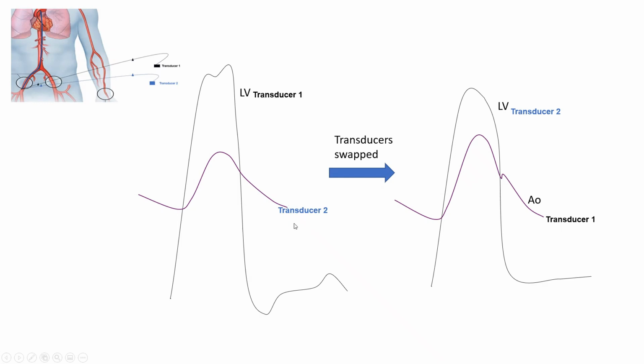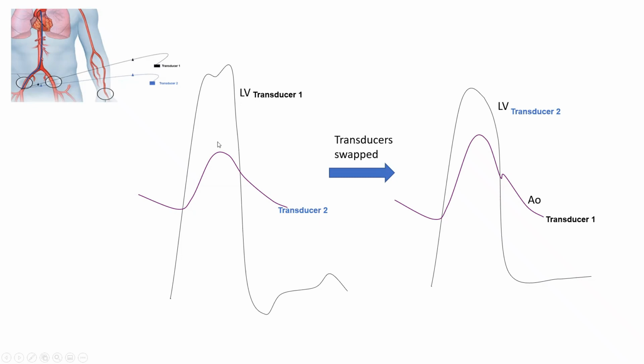But if there is a problem in the damping of the tubing or of the transducer itself, when you swap the transducer, the reverse damping will occur. So now when you swap the transducers and the lines, the LV will be damped, whereas the aorta will not be. So you will have the reverse.